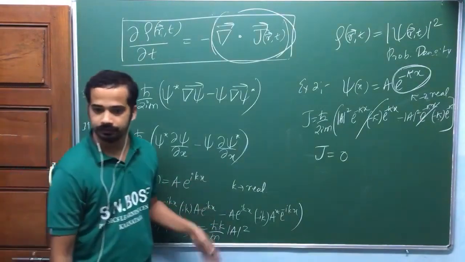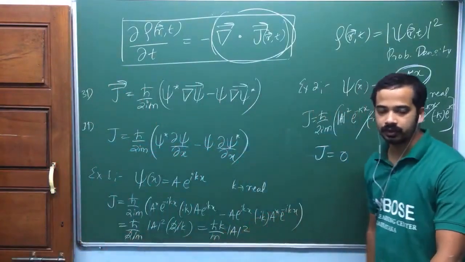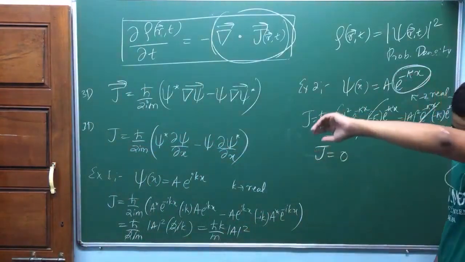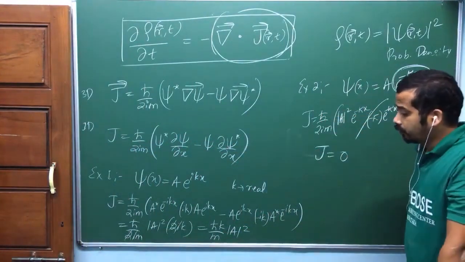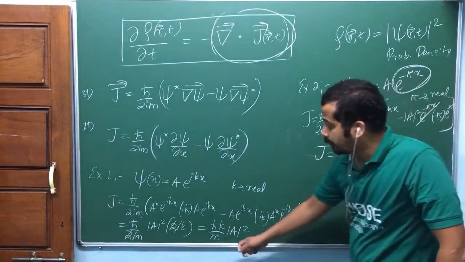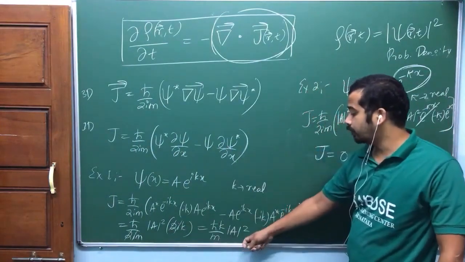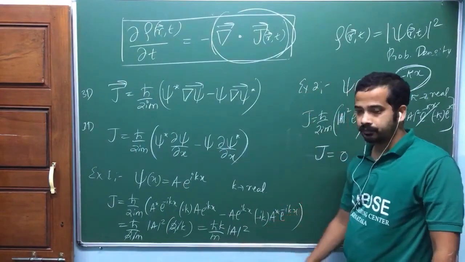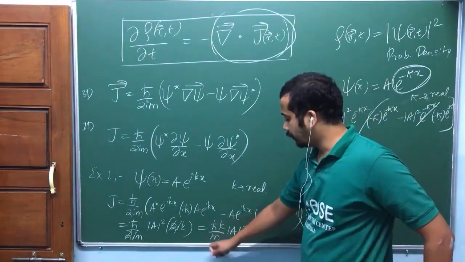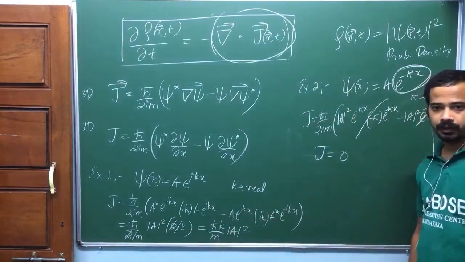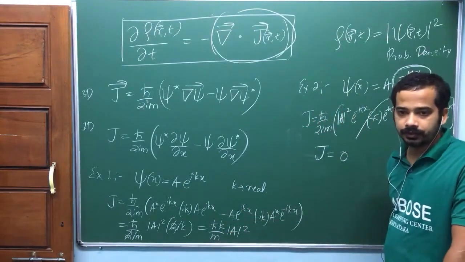You can remember that, if they ask any dimension. Mod a square may also have some dimension? No, it will not have dimension. J will have the dimension of speed.